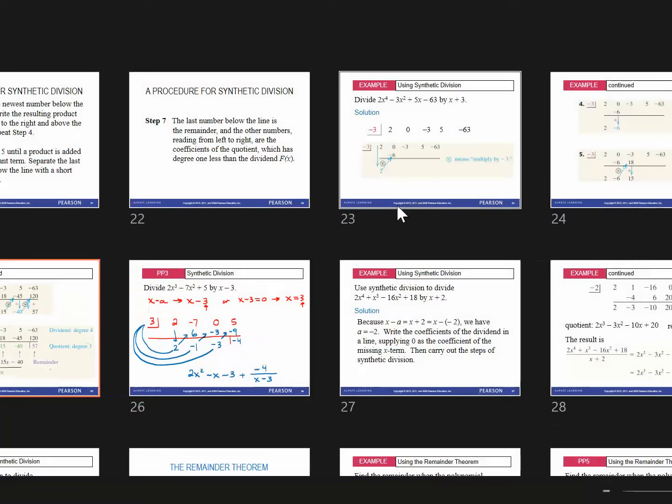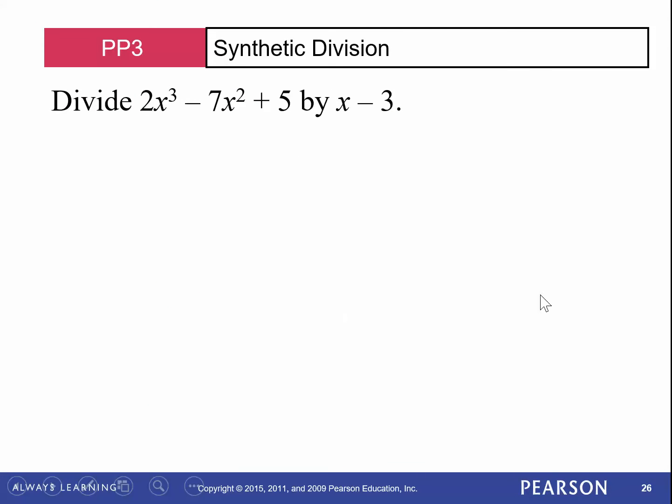With an example here, let's jump to a problem ourselves. Can you divide 2x to the 3rd minus 7x squared plus 5 divided by x minus 3? All right, those who want to work it out with me here, let's go for it. So x minus 3, what is the number that causes x minus 3 to become a 0?